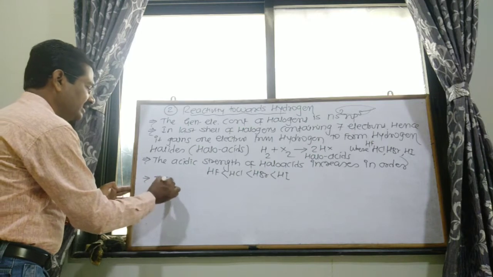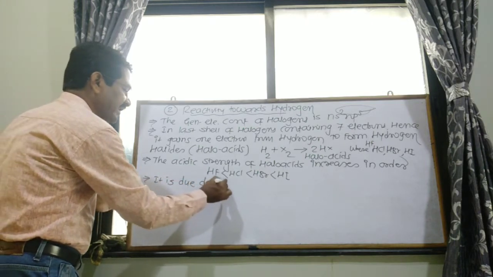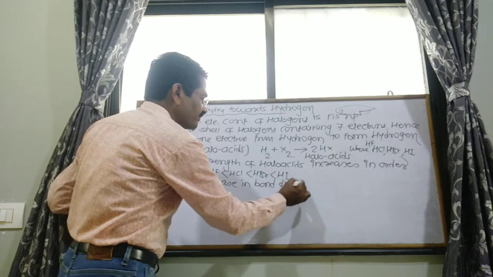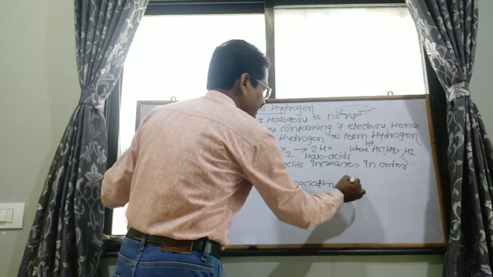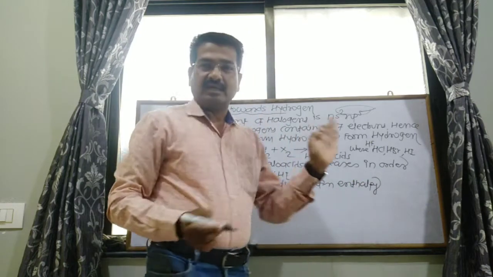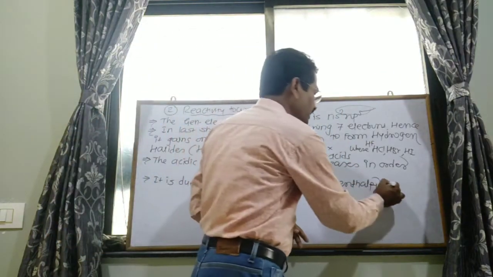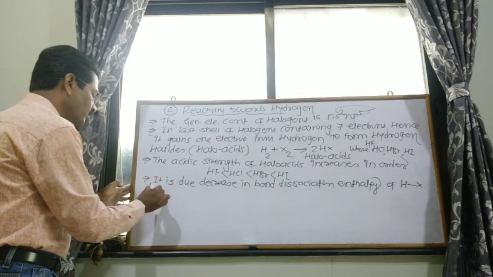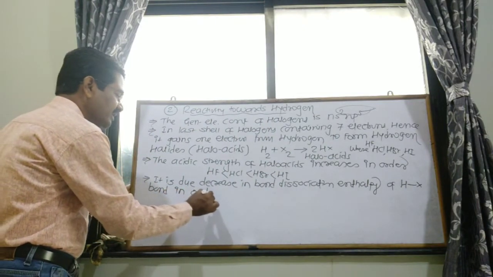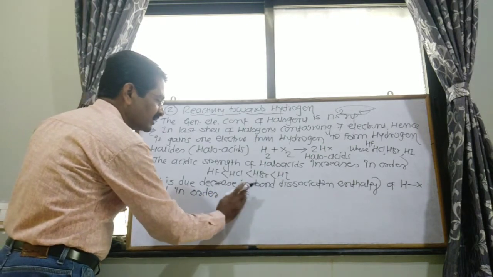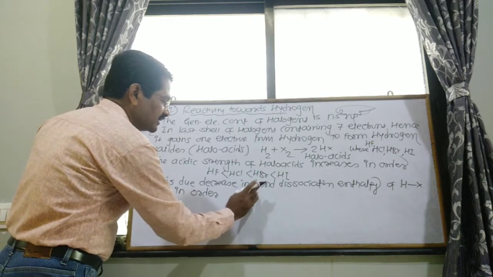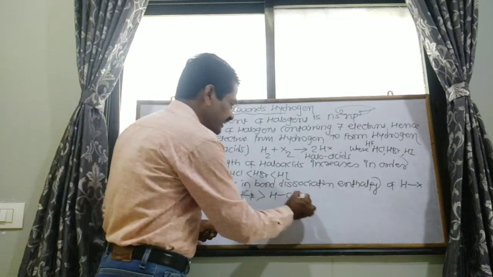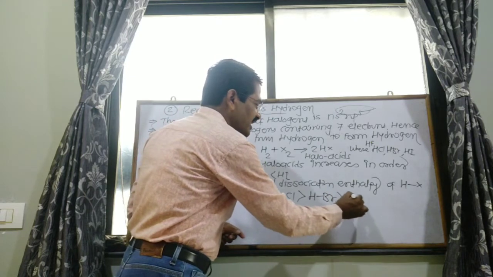It is due to the decrease in bond dissociation enthalpy of the H-X bond, in the order HF is greater than HCl, is greater than HBr, is greater than HI.